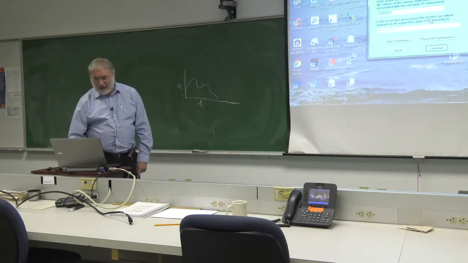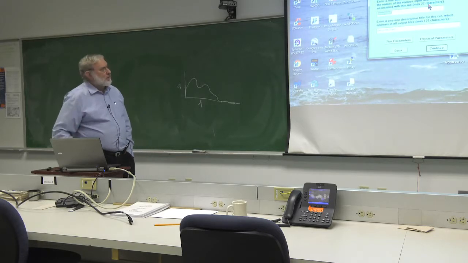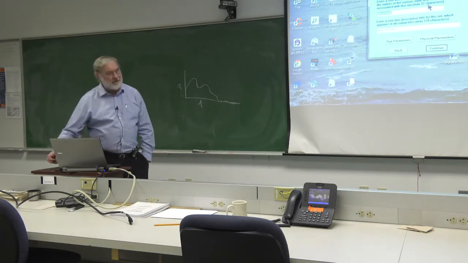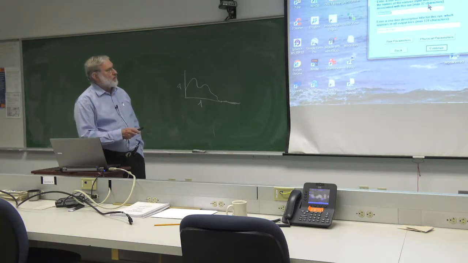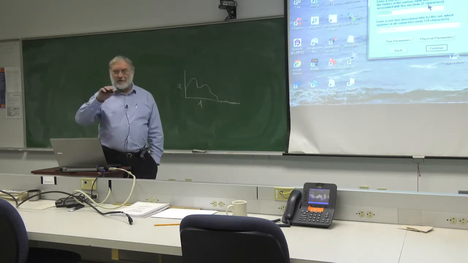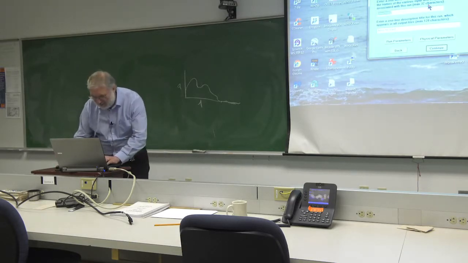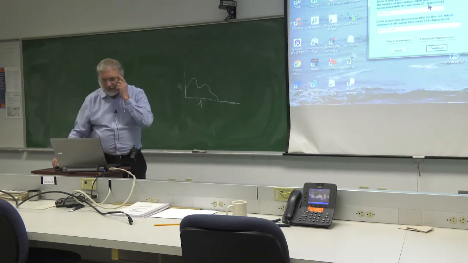Okay, anyway, when you run Hydrolight, the first thing you do is cook up what I call the root name that's going to be used to create file names. So maybe I'll call this Thursday run 1, something like that.